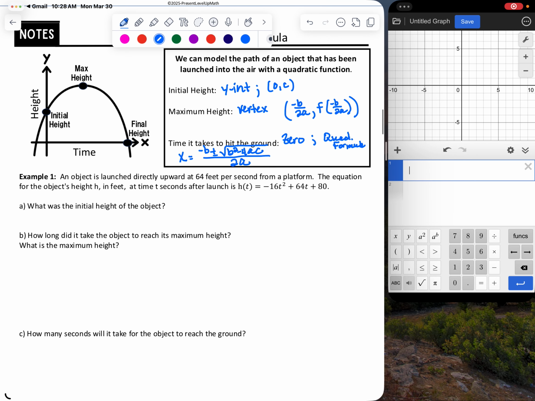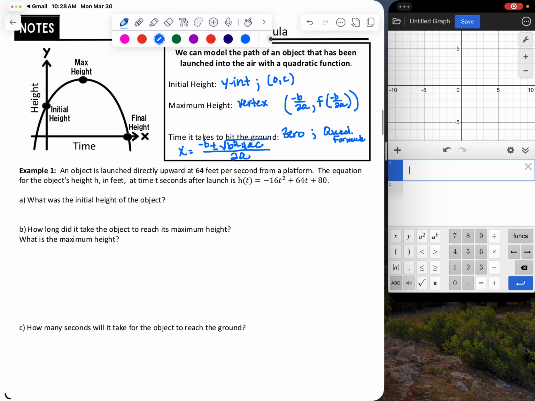An object is launched directly upward at 64 feet per second from a platform. The equation for the object's height, h, in feet, at time t seconds after launch is h of t equals negative 16t squared plus 64t plus 80. So what's happening here? Let me kind of draw it. We just need a first quadrant graph because time is positive and height is positive.